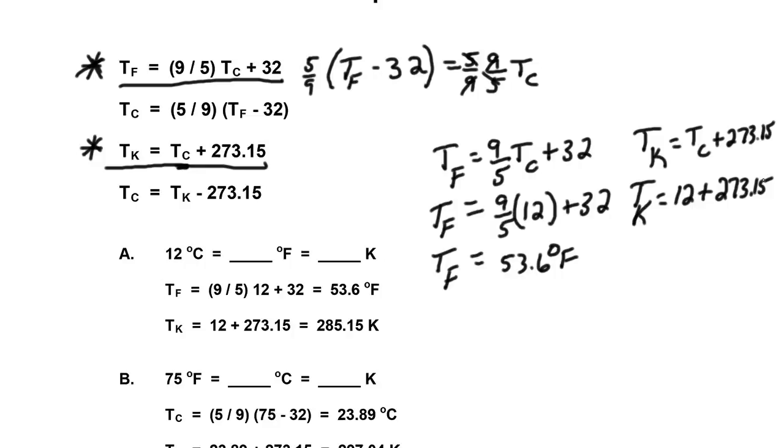And that gives us 285.15. So the temperature in Kelvin is 285.15 Kelvin. Now notice how we have degrees Fahrenheit and degrees Celsius, but we only say Kelvin. We don't say degrees Kelvin. We just say Kelvin. That's the temperature scale.